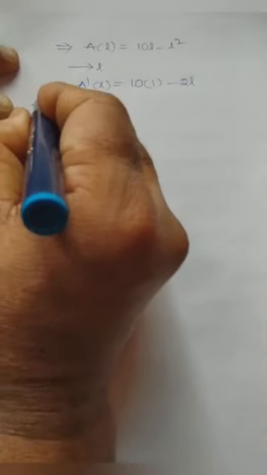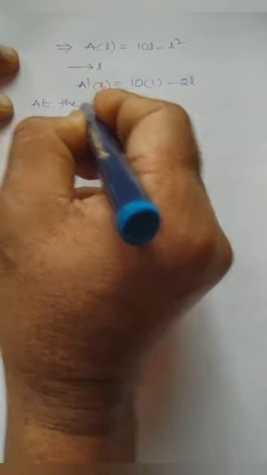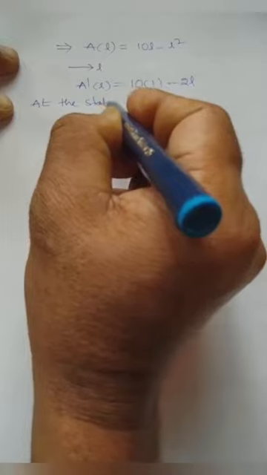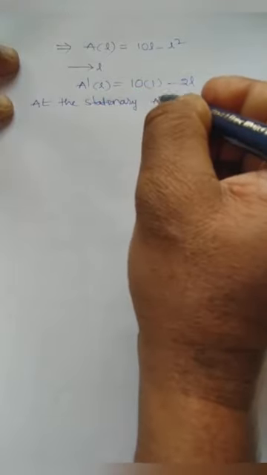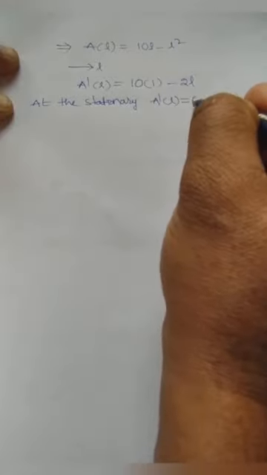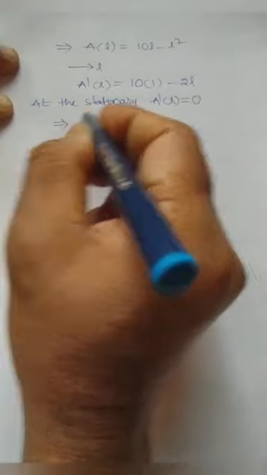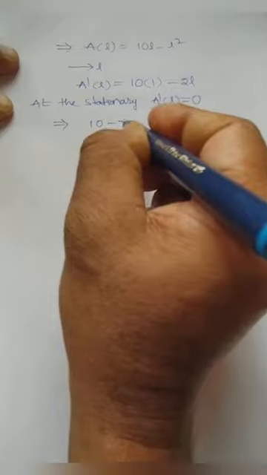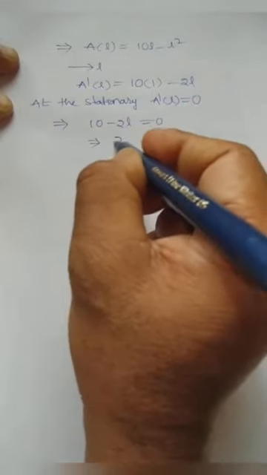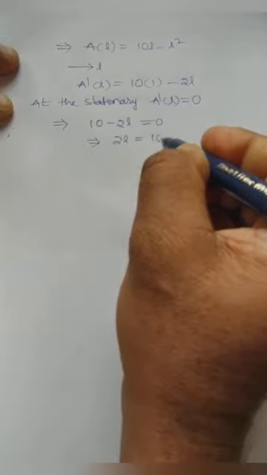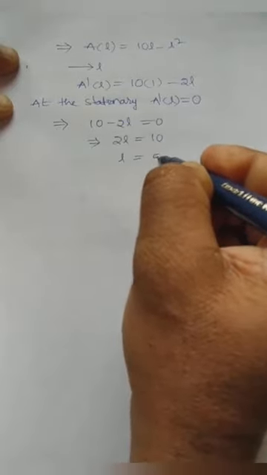At the stationary point, A dash of L must become 0. It implies 10 minus 2L is equal to 0. That implies 2L is equal to 10. So L is equal to 5 units.